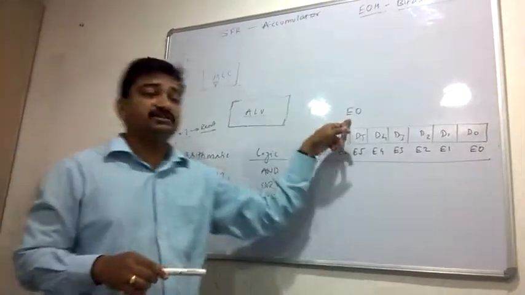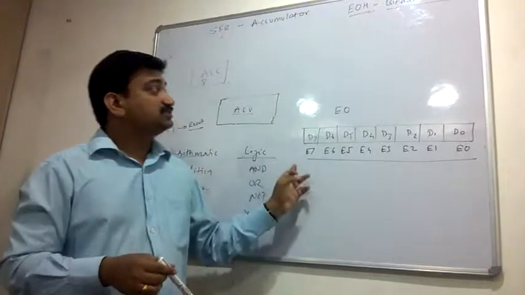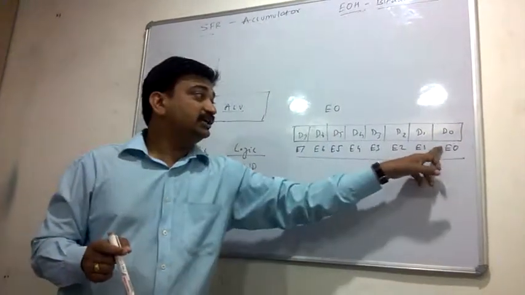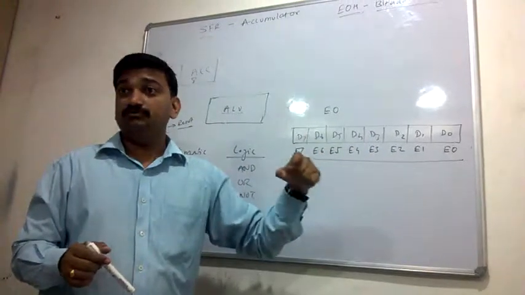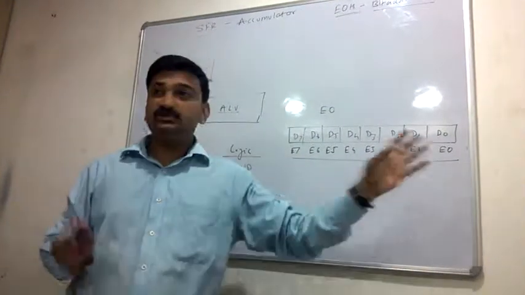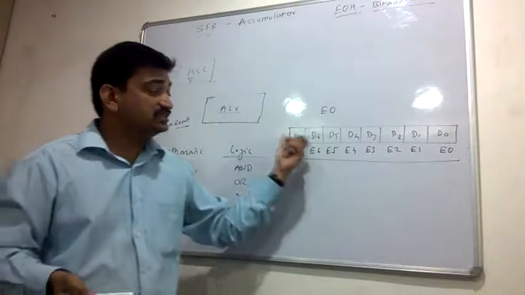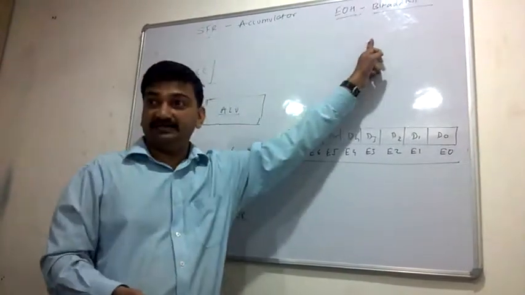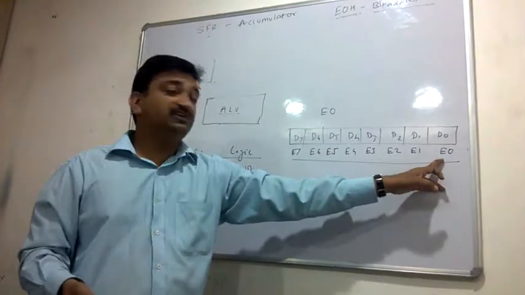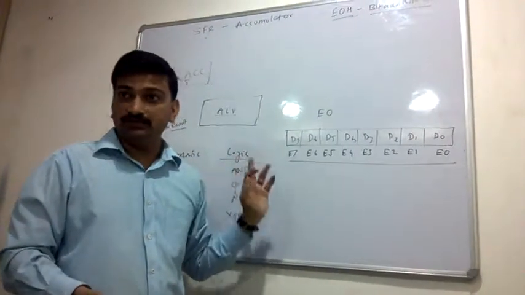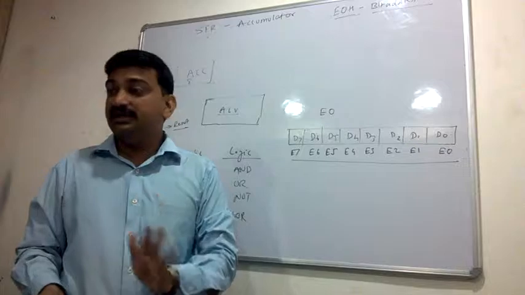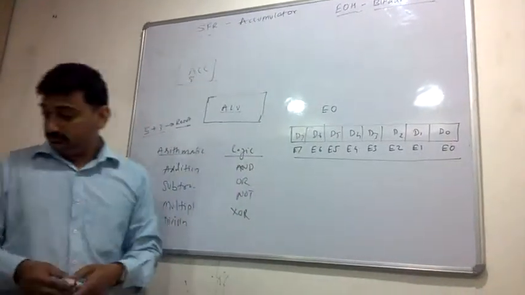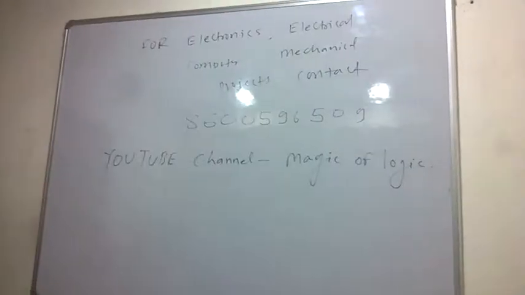Next, its address is E0 and it is bit addressable. Bit addressable means we can change the whole data, or change only a single bit. These are the addresses of each bit: E0, E1, E2 to E7. It is an 8-bit register in the 8051 microcontroller.